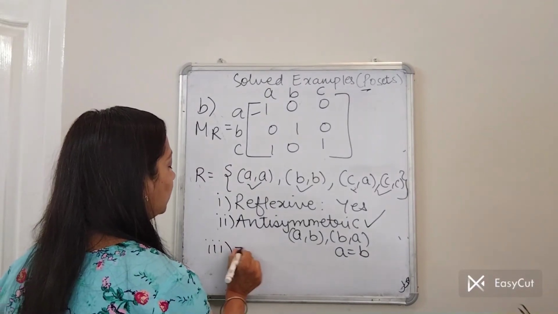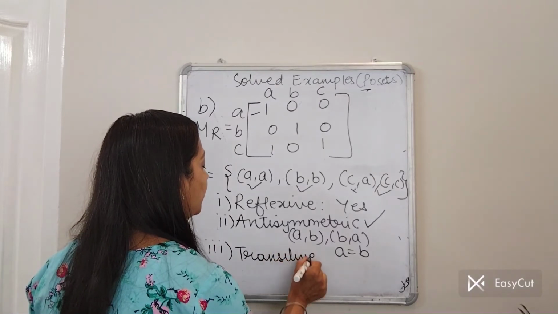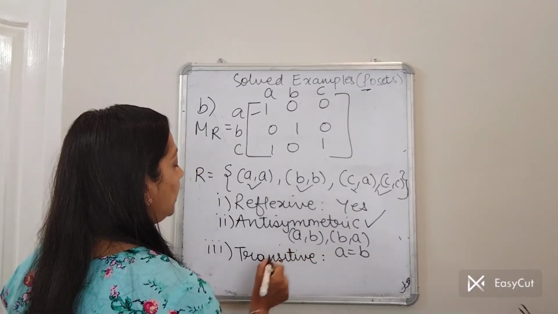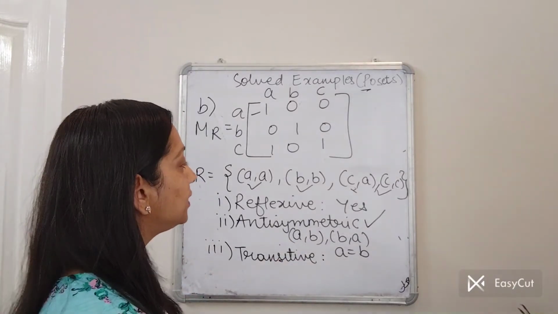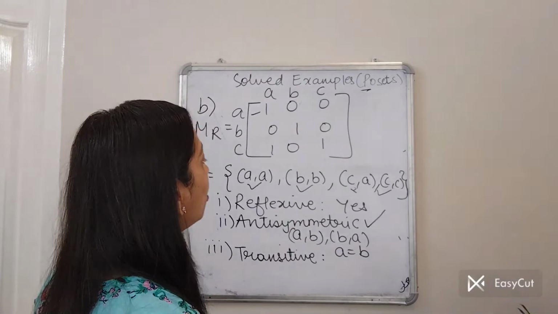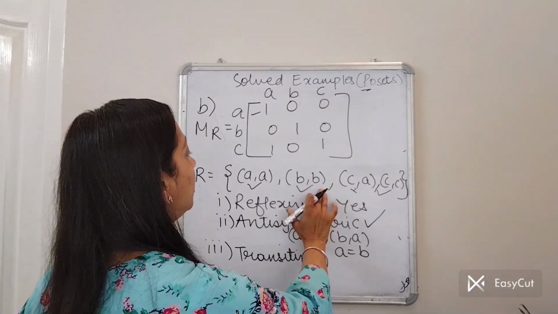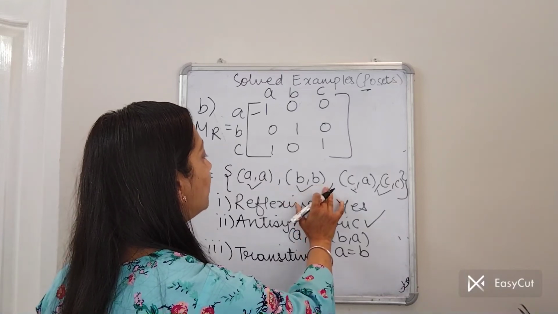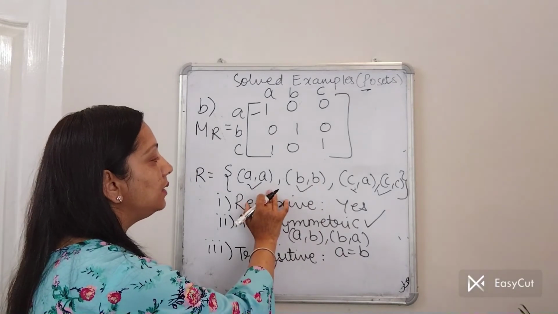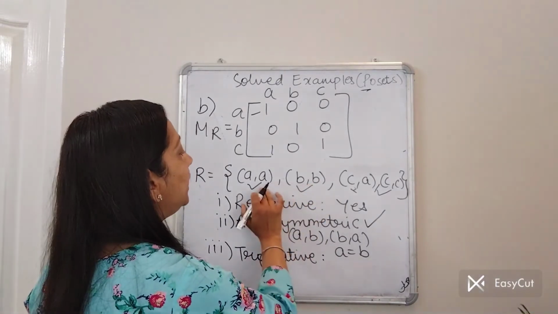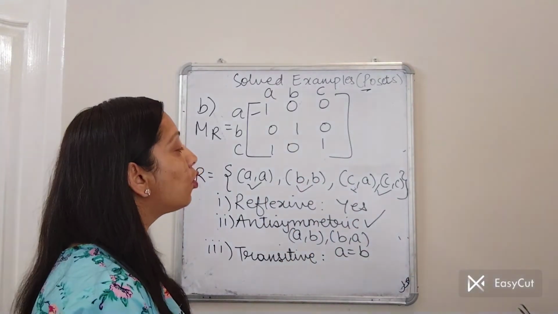Now let's look at the third condition, transitive. To be transitive, if AB, BC are there, then AC must also exist. So there is no such common element. AA and BB cannot be taken as AB, BC. Then AA, CA cannot be taken as a pair AB and BC because there is no common element.